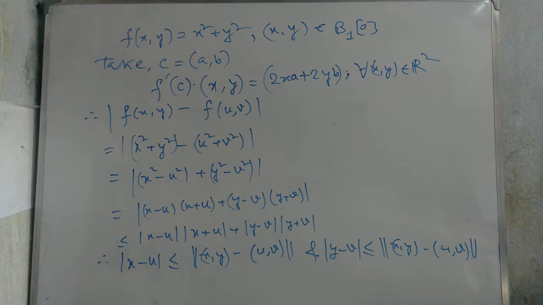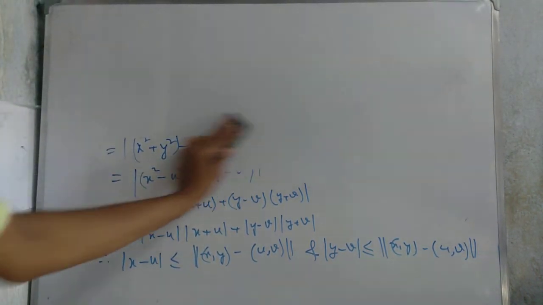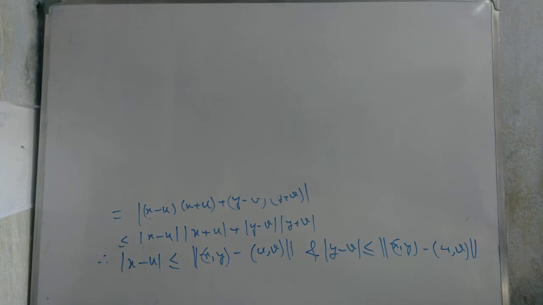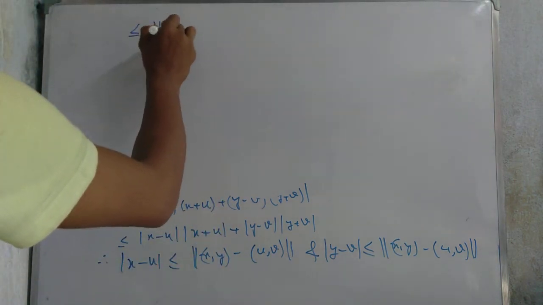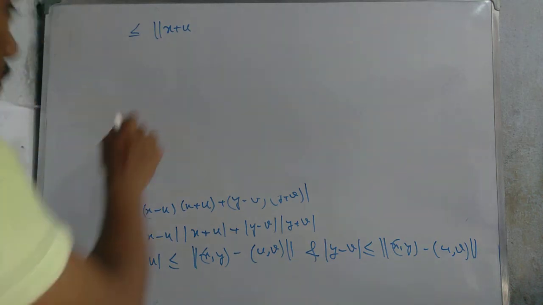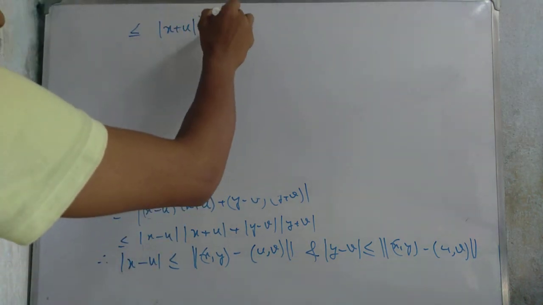We erase this and go above. Then this is less than or equal to norm of (x, y) difference (u, v) times mod of x plus u plus mod of y plus v.